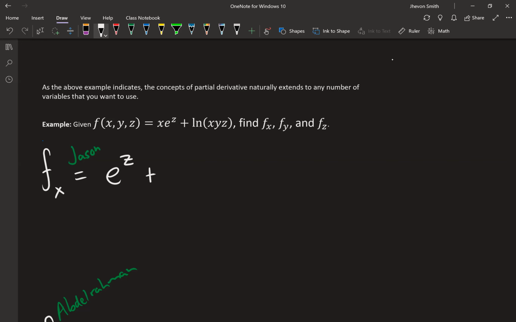But since it's multiplication, in this case, I would say yz over xyz, then you cancel it and you get 1 over x. Or in other words, x to the negative first power.